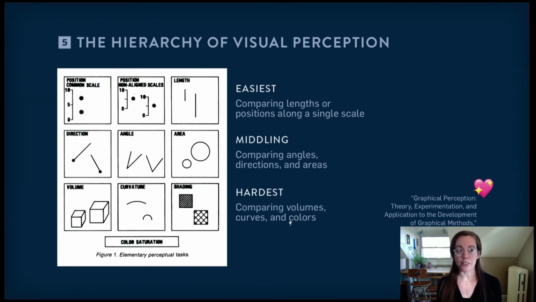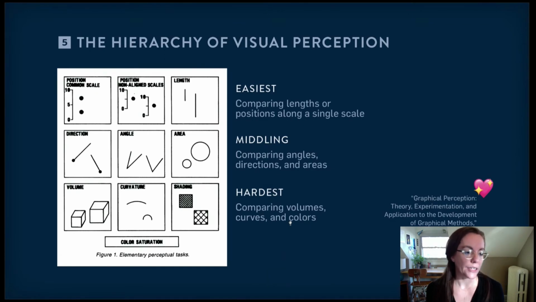So comparing lengths in a bar chart, comparing positions of dots along a single axis, and a scatter chart is just like doing that twice. So if you really care about conveying precise values, putting things on a single axis is your best bet.